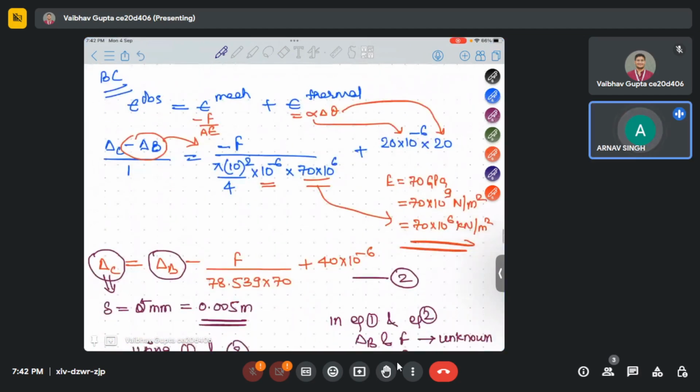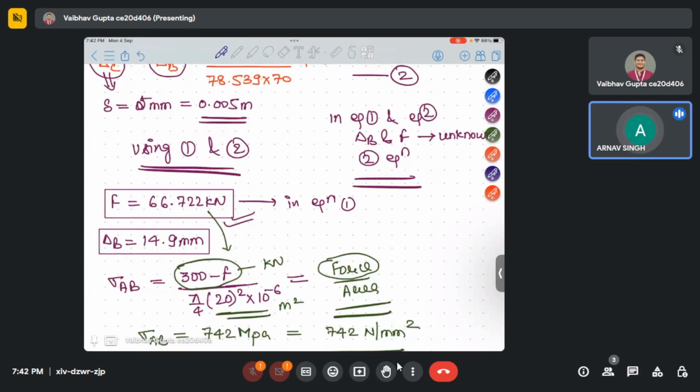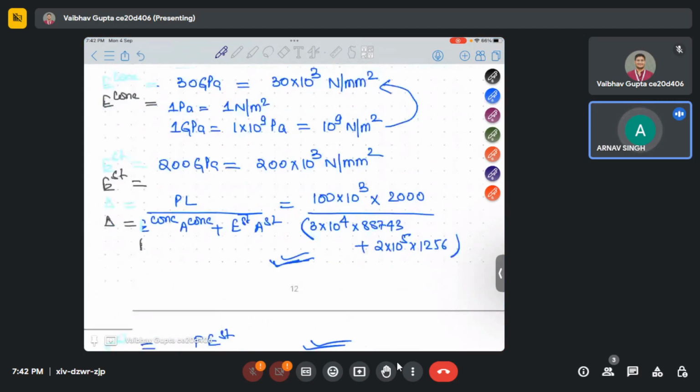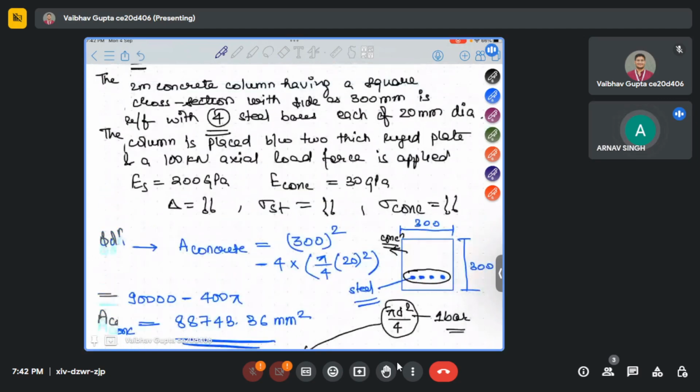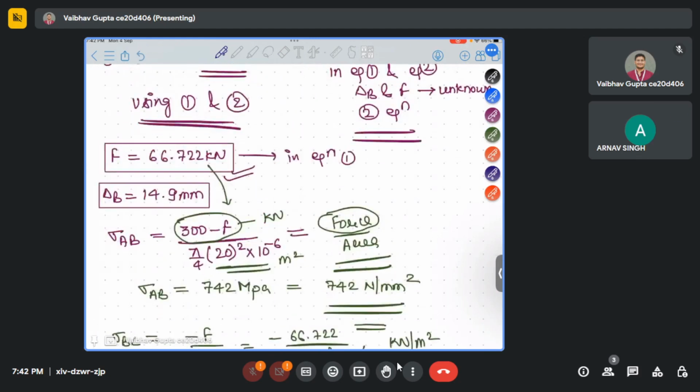Sir, meaning if we want to find delta B, then in the first question we first have to find epsilon observed, and then delta B? Yes, directly you won't get it. Sir, you did find the displacement, delta B. Yeah, I have calculated delta B, but after getting all the other things. You have to follow the steps, then only you can get it.